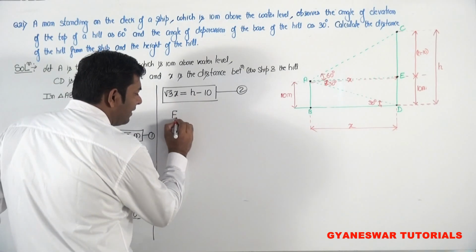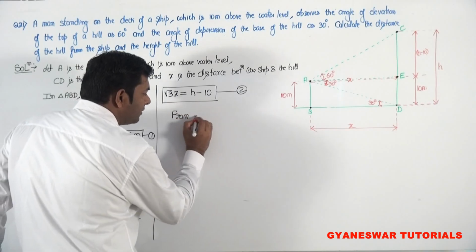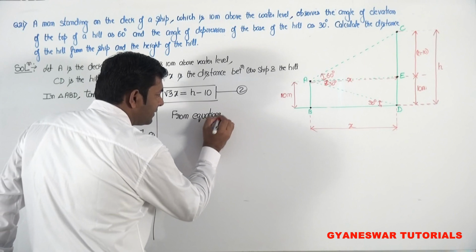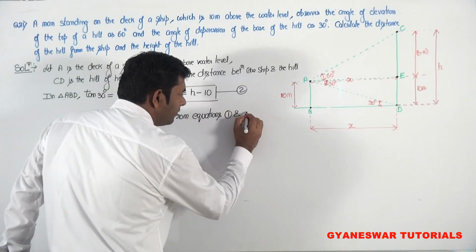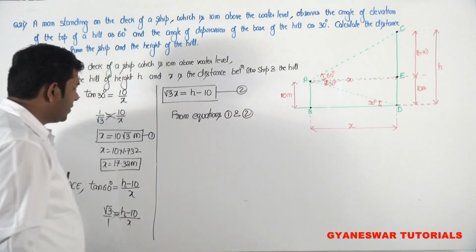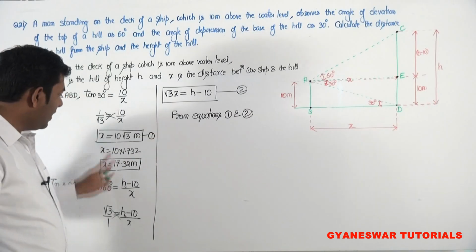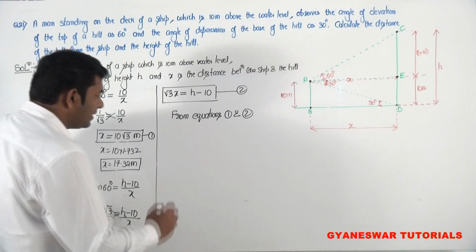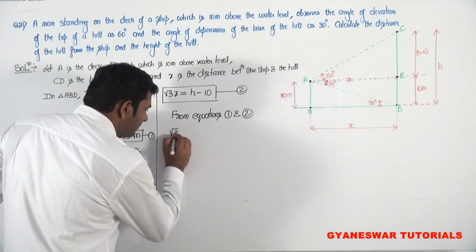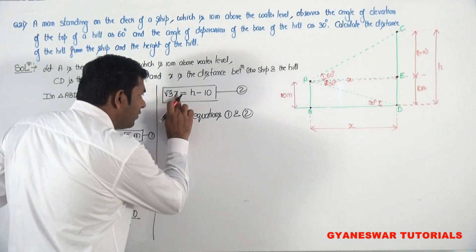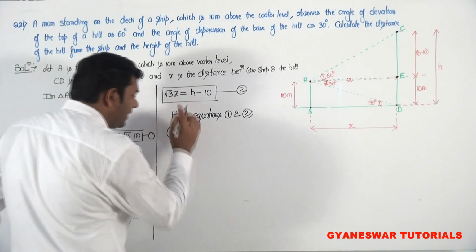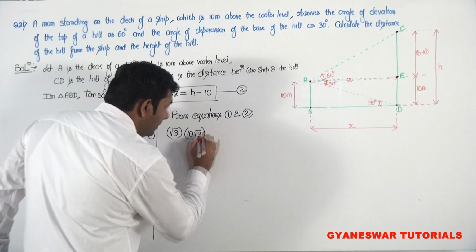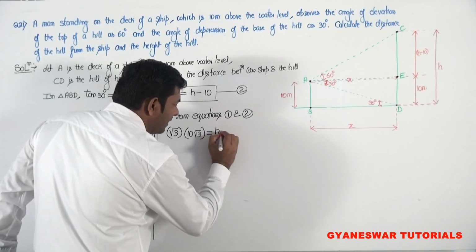So what I am saying, from equations 1 and 2, the value of x is 10 root 3. Put it here. This is root 3 into x, where x is 10 root 3, is equal to h minus 10.